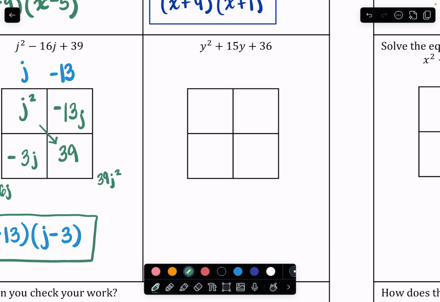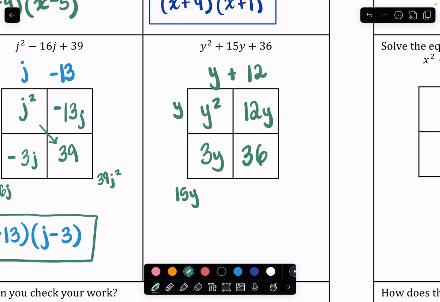I'll just solve this one with you. It's not too bad. So we're looking for two numbers that multiply together to create 36 that add to create 15. And I know that this will be 3 and 12. 36 has multiple factors, so you might have to play around with the numbers.